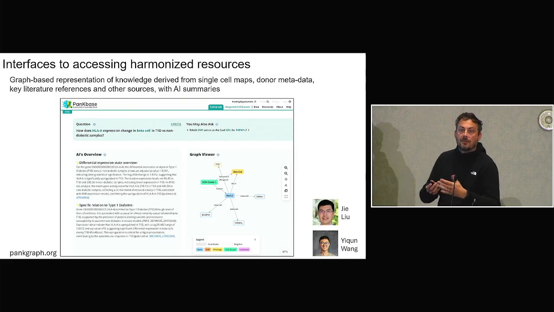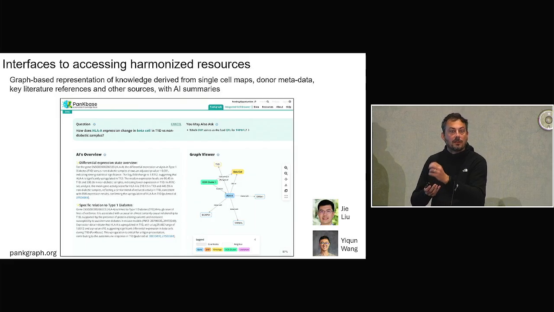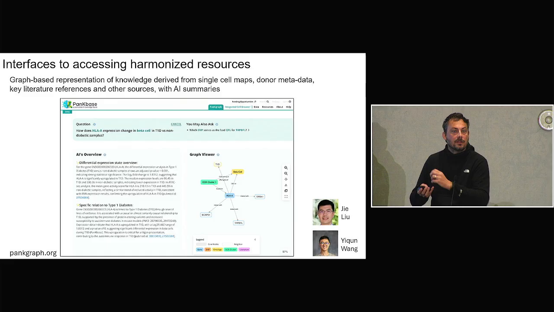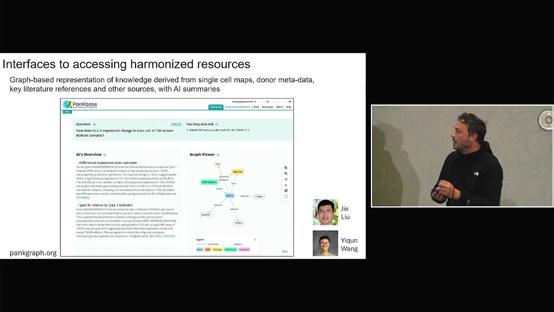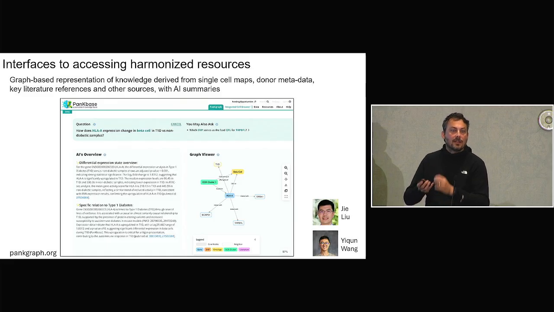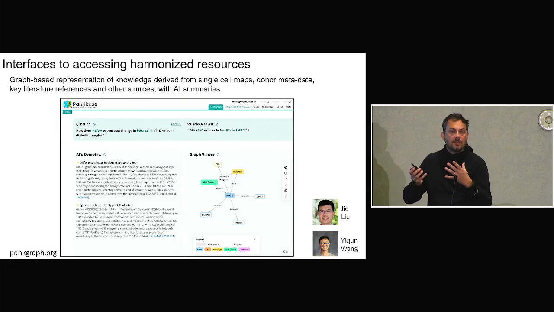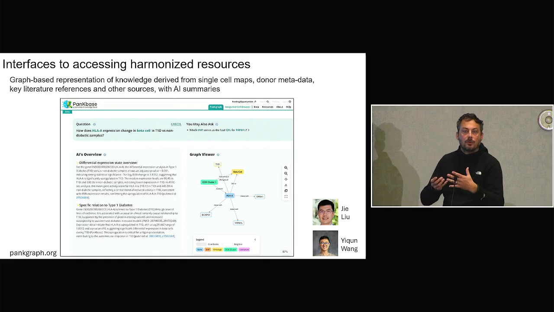This knowledge graph summarizes information about this gene, what's known about this gene in the literature in terms of its role in pancreatic disease, as well as connections between this gene and, say, interacting partners and other relationships that are being fed in, as well as an AI-based summary of all this information. So you don't have to do all the connections yourself, but it can produce a high-level summary that tells you key pieces of information about the gene you're interested in.